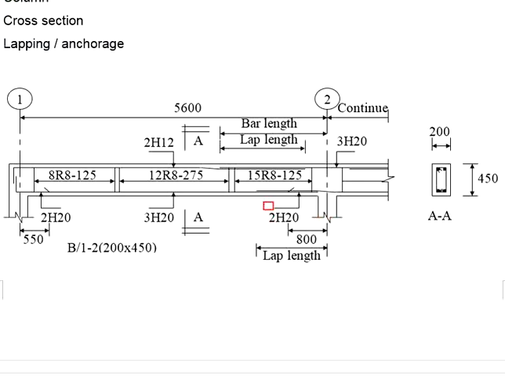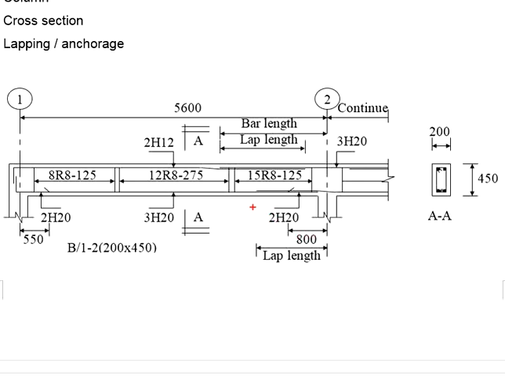Assuming that you need 2H20 throughout, this is not achievable in the industry when no lapping is provided. The raw material, which is the steel bar, comes with the maximum length of 12 meters. The total length now is more than 12 meters. That means somewhere along the beam there will be lapping length required.